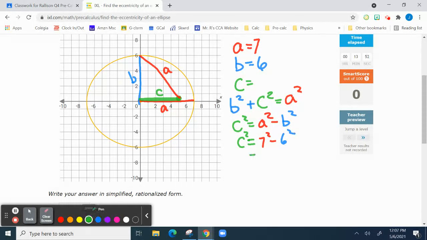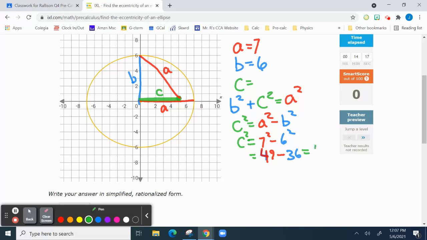So C equals 40. Oops, I got my colors mixed up, moving too fast. Hey, come on. 49 minus 36 equals, what's 49 minus 36?